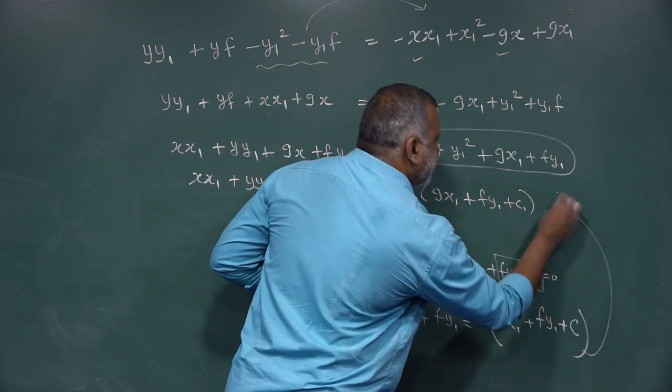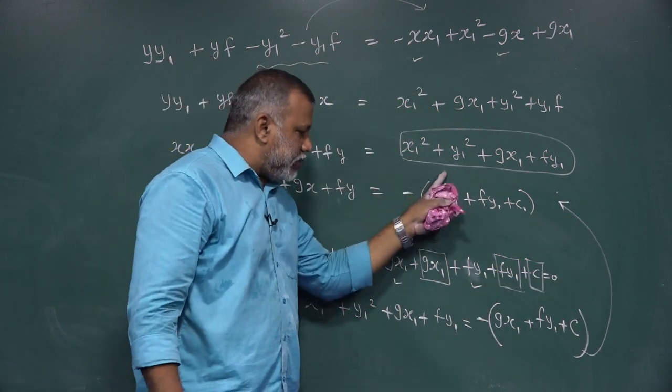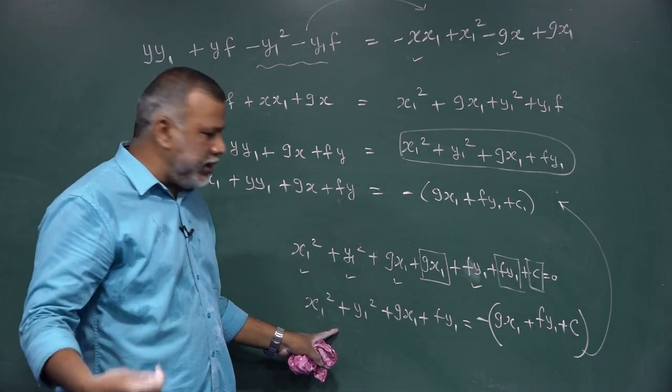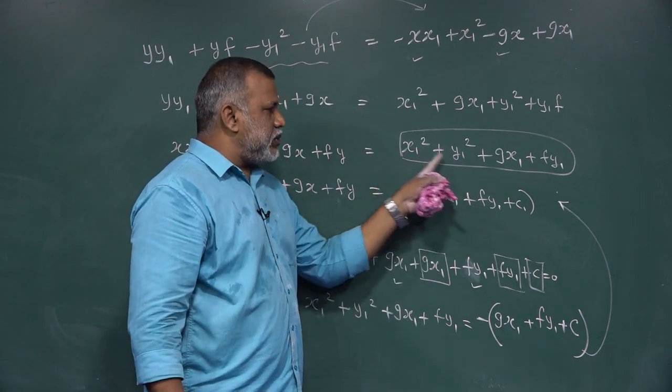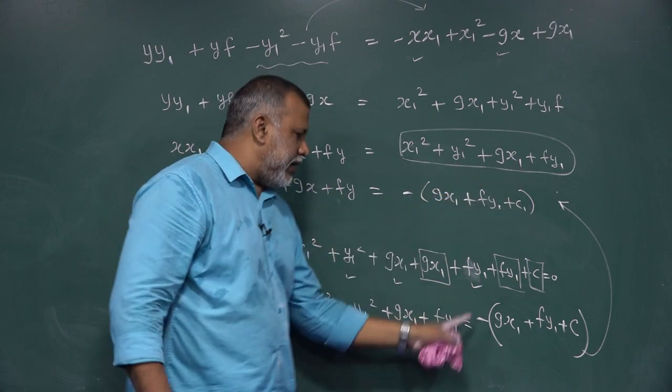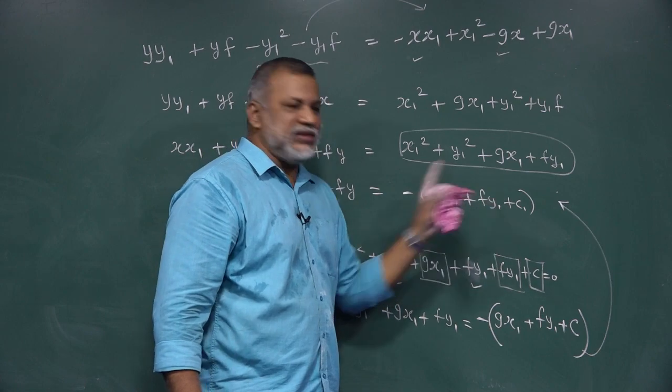So substitute this value here. That is the logic. Find out this value separately, give it any name, then substitute here. So x1 squared, y1 squared, gx1, fy1 is replaced by minus of gx1, fy1 plus c.